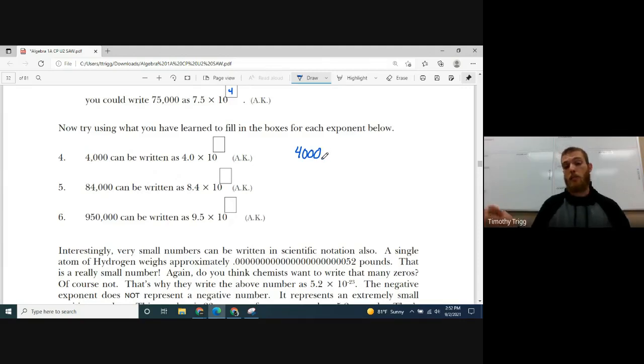I want to move the decimal until there's just one whole number in front of it. So here we would move the decimal until only the 4 is in front of it. How many places did we move it? 1, 2, 3. However many places you had to move it, that's what's going to go in the power of the 10.